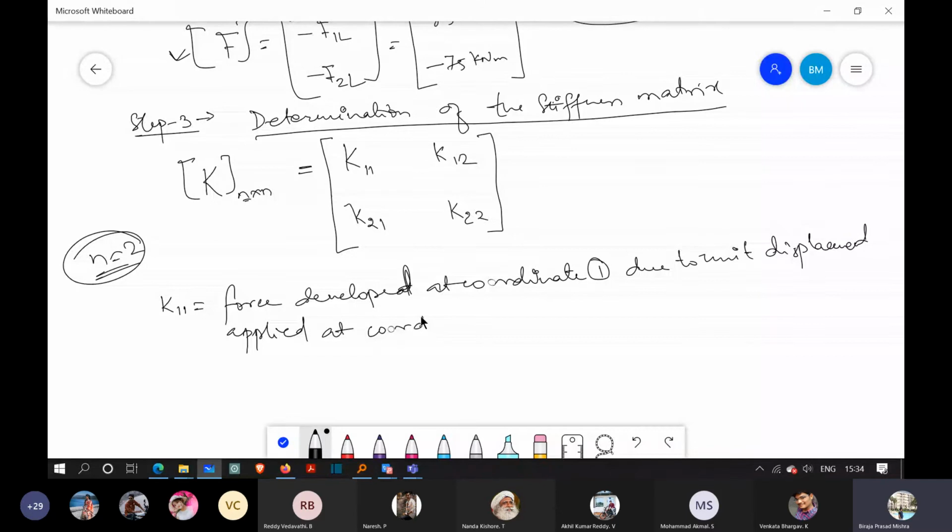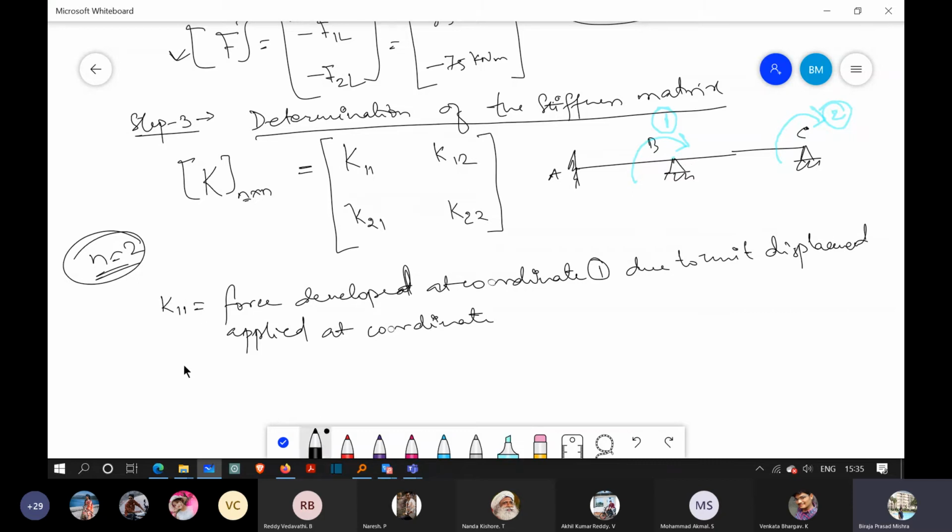We know that in this present problem, this is A, this is B, this is C, and this one is coordinate 1 and this is coordinate 2. So the force developed at coordinate 1 is due to the unit displacement at coordinate 1 itself. So here we will apply unit displacement.